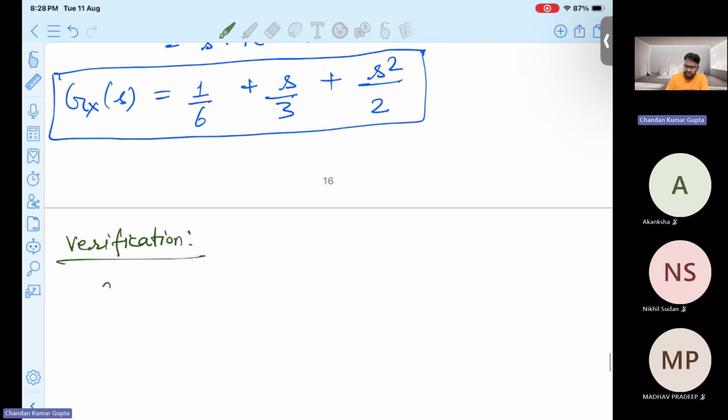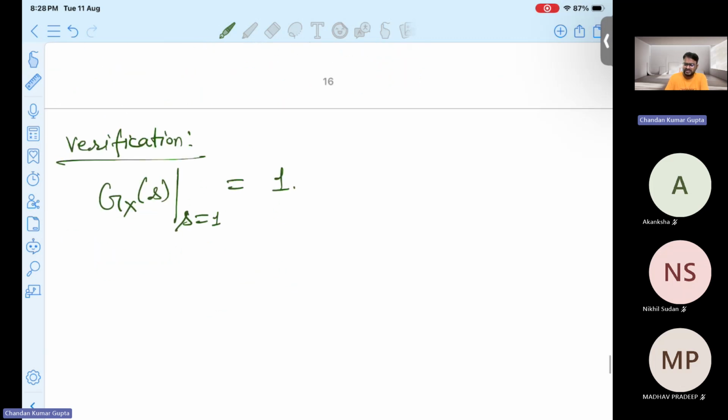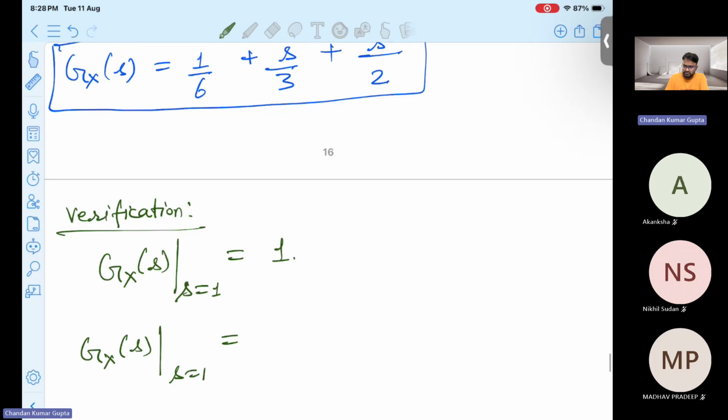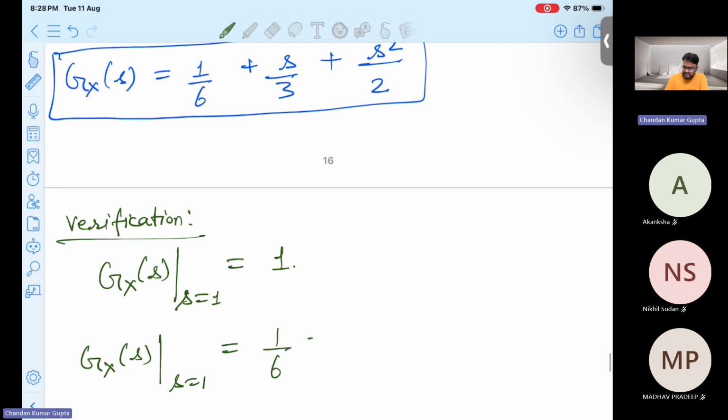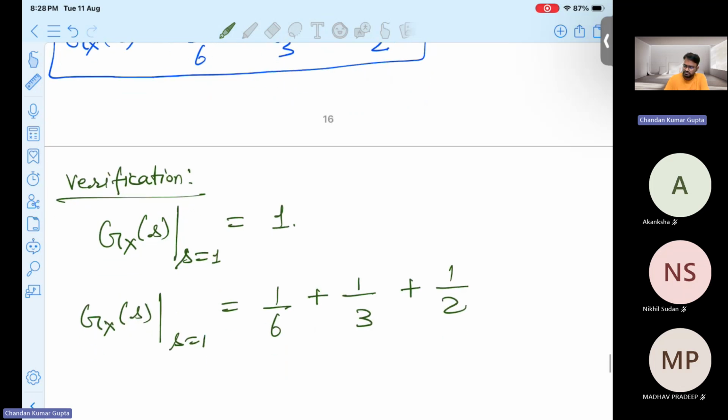For verification, you need to check G_X(s) at s equal to 1 comes out to be 1. So you can directly check. What we are given is 1 by 6 plus 1 by 3 plus 1 square by 2.